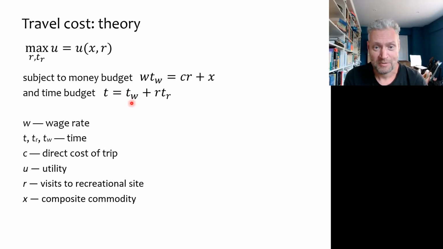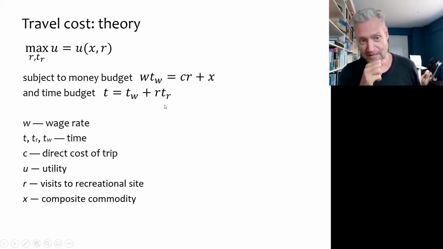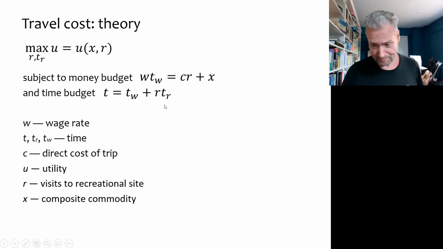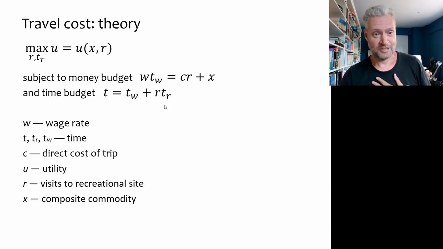Total time spent working, and then this is the time spent on recreation, where TR is the time you need to visit a particular park, and R is how often you do that. So this is our decision problem.